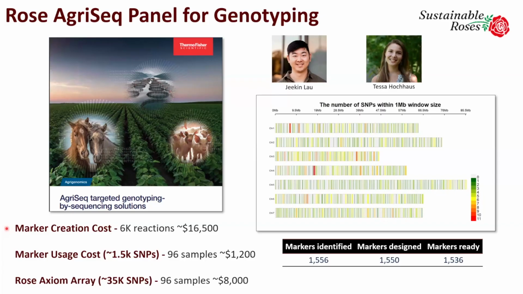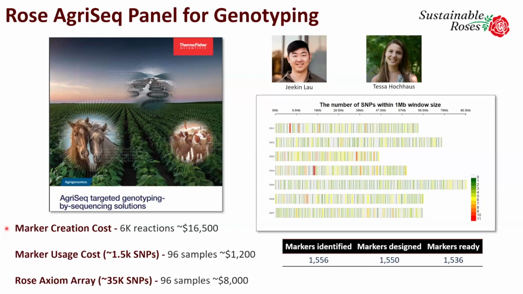That is to contrast with what we currently have, which is the Axiom Array that queries 35,000 SNPs, mostly, that are useful. The cost there is $8,000. And for this new panel, the cost to sample 96 individuals will be $1,200.